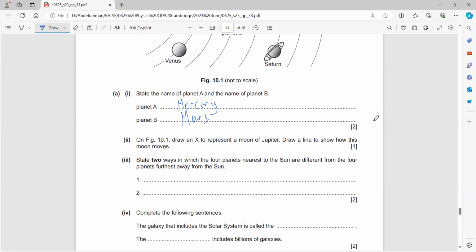The four inner planets are smaller. Yes. What else, other than the temperature? Rocky. You said they are rocky planets.